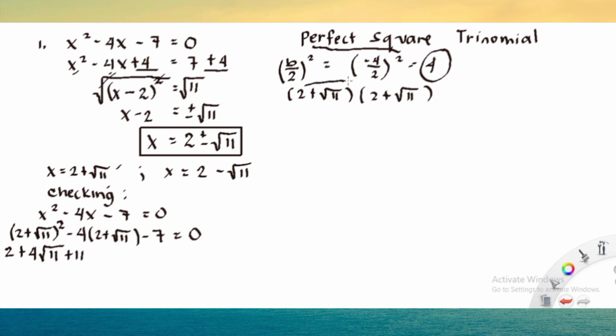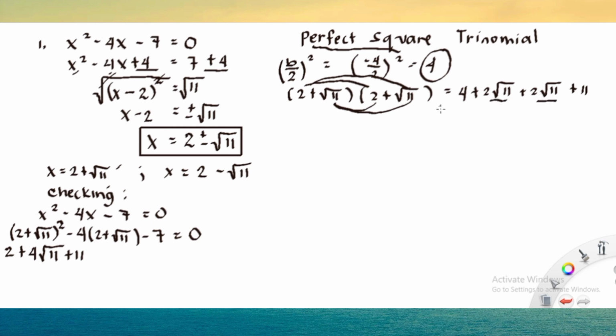So, distribute 2. 2 times 2 is equal to 4. 2 times the square root of 11 is 2 square root of 11. Then distribute the square root of 11. Square root of 11 times 2 is 2 square root of 11. And then square root of 11 times square root of 11 is the square root of 121, or simply 11. Then we can combine these.